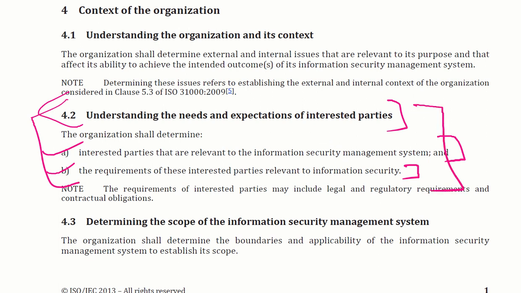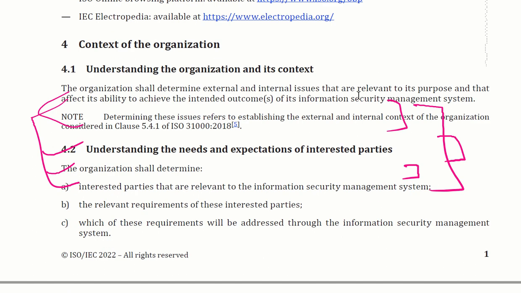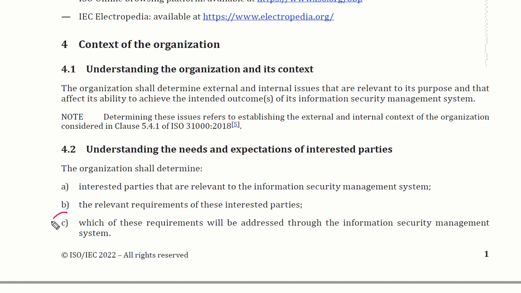In the newer standard, they have added a third subclause, which reads: which of these requirements will be addressed through the information security management system. Earlier, we were only trying to identify the needs and expectations of the interested parties.